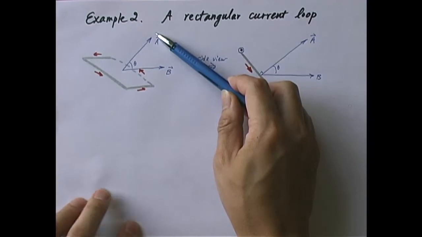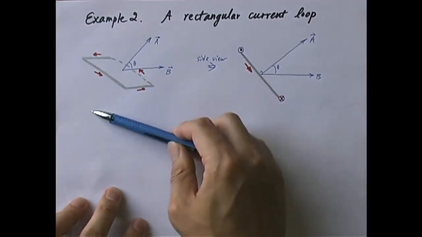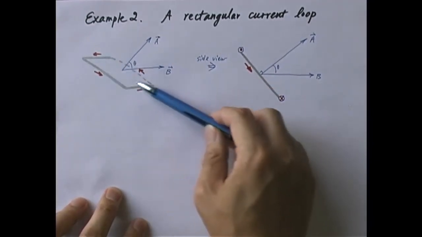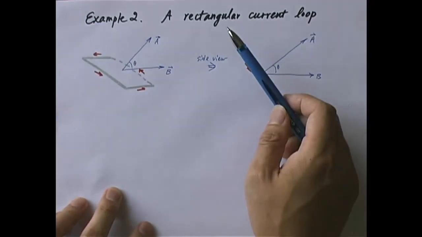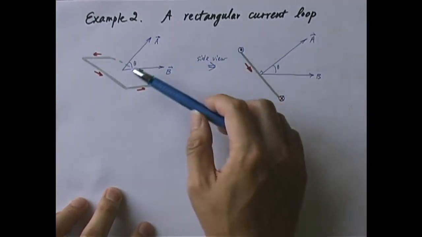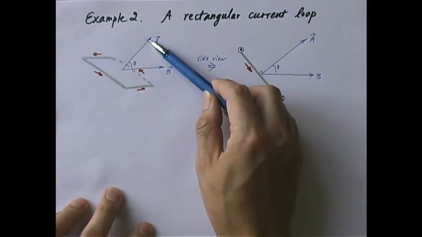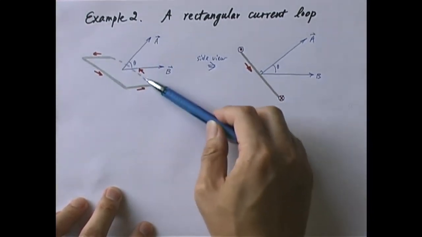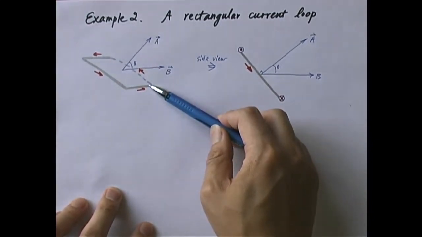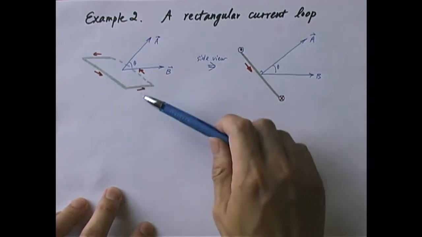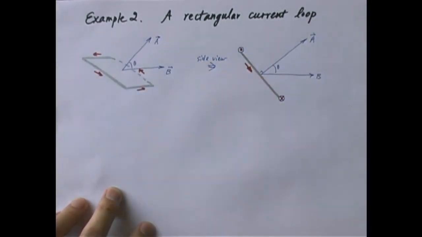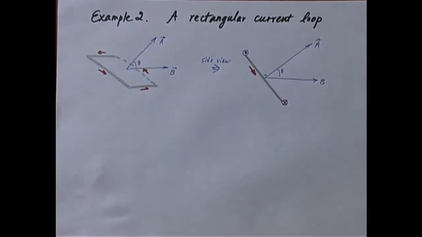Otherwise I couldn't tell whether it's going this way or that way. It is perpendicular to the loop, but it also satisfies the right-hand rule according to the current. So here is a vector A. It's got a magnitude equal to the area of the loop, and the direction is determined by the right-hand rule according to the current flow. So the current flows backwards, and that vector will point downwards. The angle between A and B is theta.